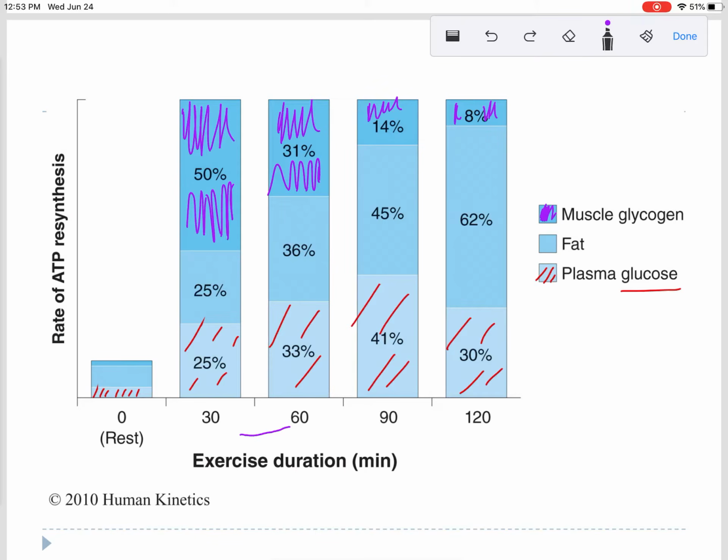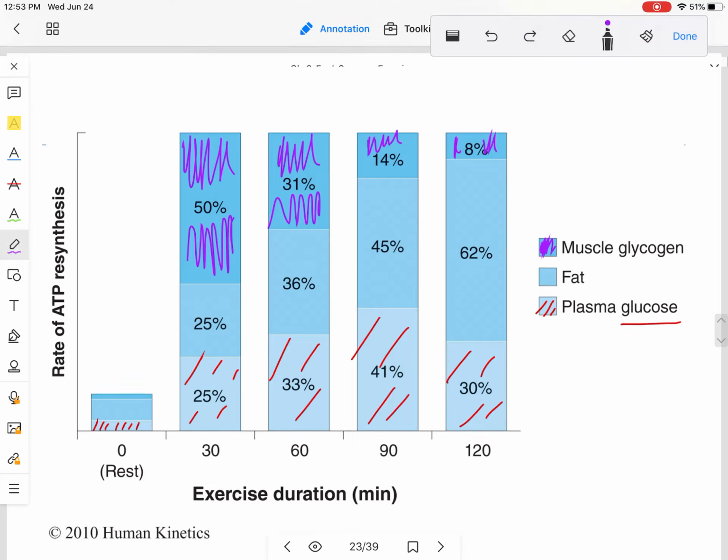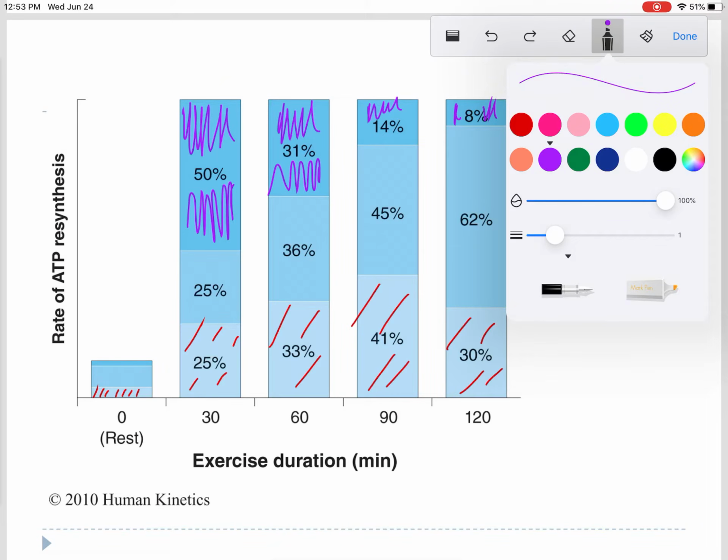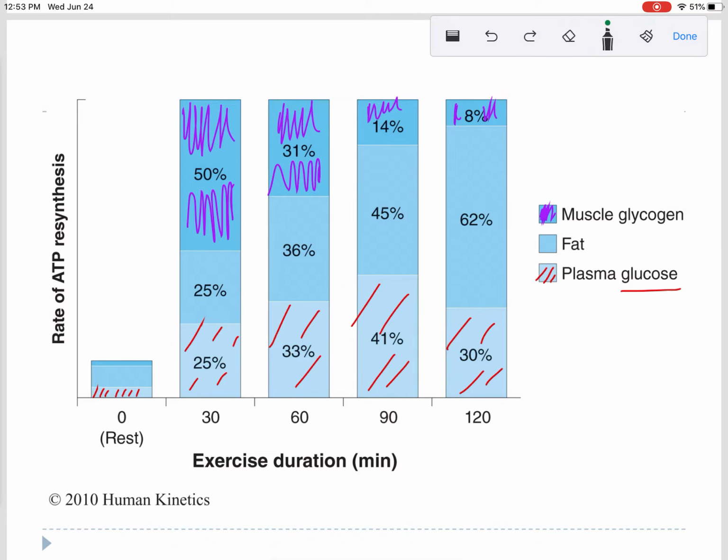Look down here. As we get a little higher in duration, we're actually going to be using less glycogen, but it's still a part of the mix. But let's look at fat, because I like that one even better. Let's make fat green. So fat is this one.